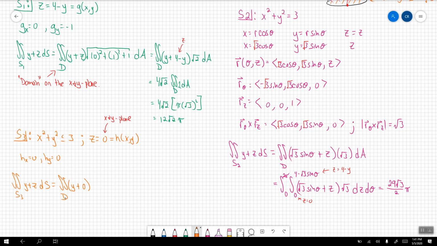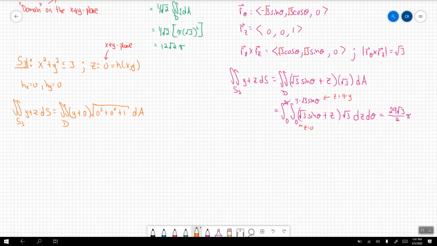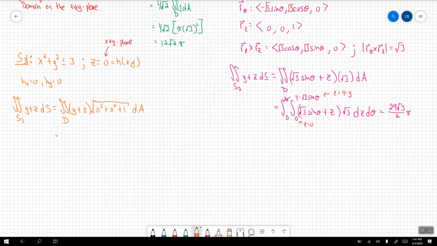That's going to come with this domain or region. So for now I'm still working on this plane. Now I need the magnitude of this gradient, so that's going to be the square root of 0 squared plus 0 squared plus 1, with respect to some area. This tells me that I'm looking at the double integral over some region for y, and that's going to be the square root of 1, so that's just 1 dA.